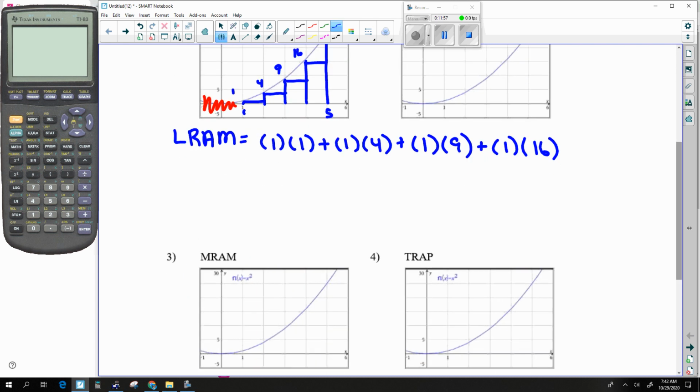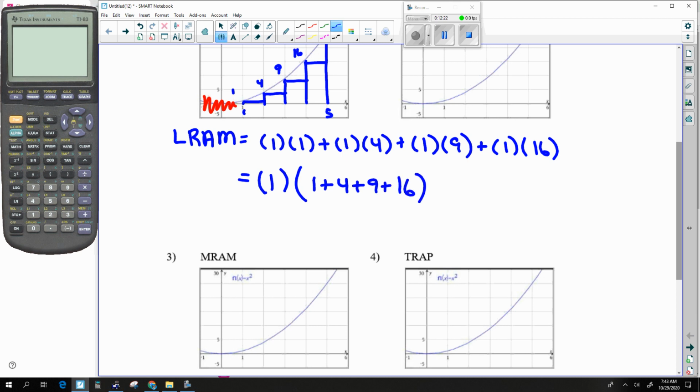A way to simplify this math, if you have a consistent height or base, is you can take that base out. I can, in essence, take this 1 outside. It has a consistent base of 1. And then this would be 1 plus 4 plus 9 plus 16.